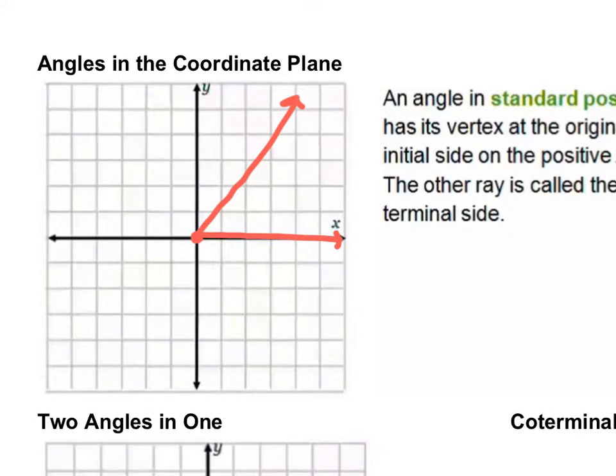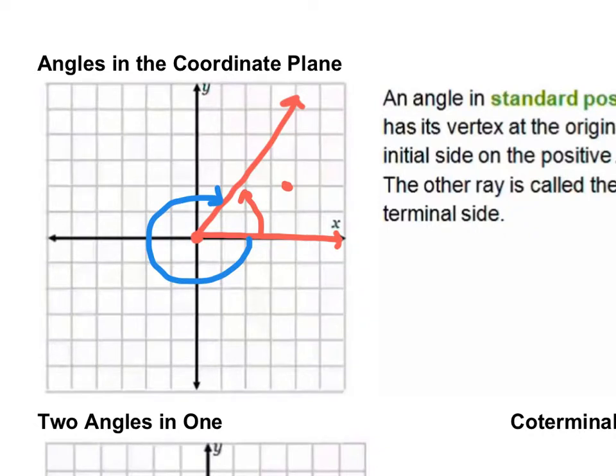Now, we would measure this in degrees. We have some sort of degree measure. But we also have another angle here that makes this big angle, and we're going to talk about that.